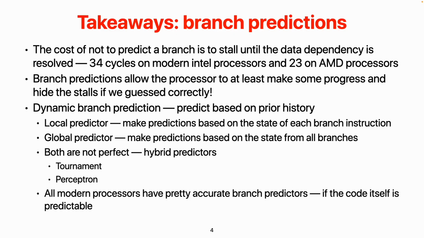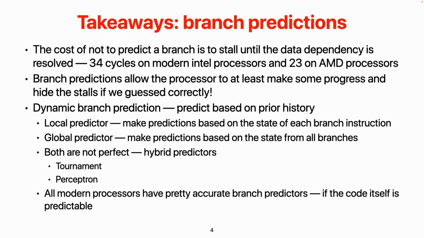The global predictor also requires a branch target buffer, but we no longer associate the state with a branch PC. Instead, we associate the state with a branch history that we have seen before. And based on the outcome of the branch history, we train the predictor states separately.